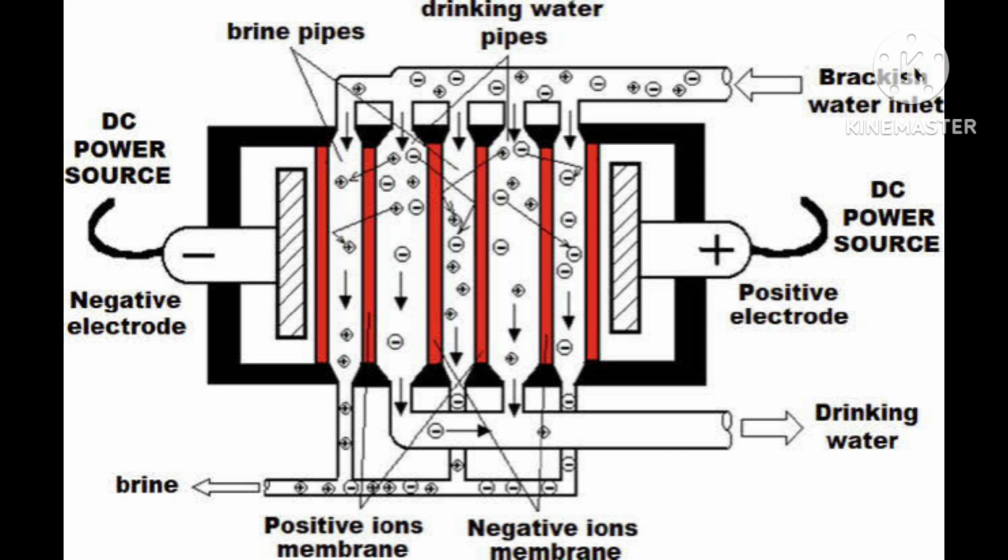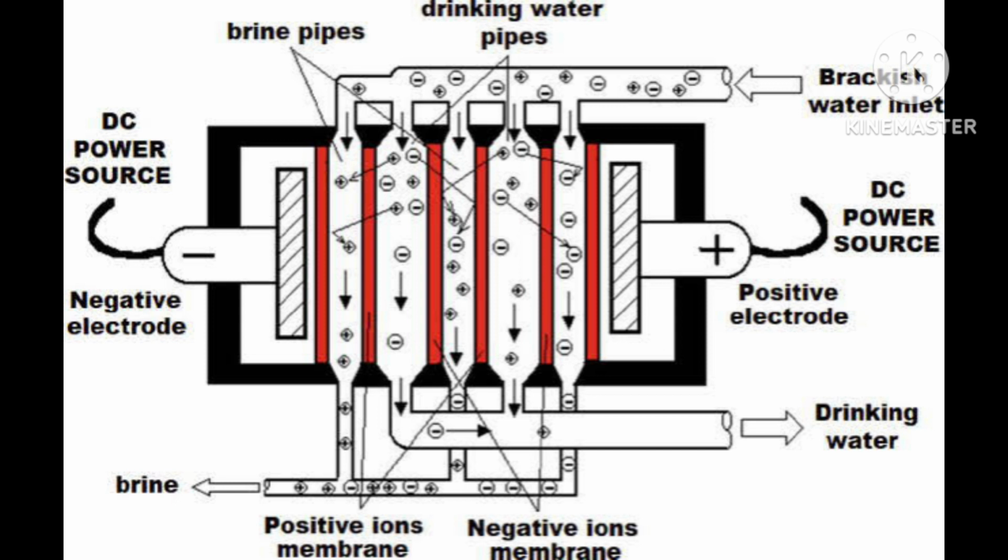A positively charged ion is called a cation, and a negatively charged ion is called an anion. Salt is made up of these two ions, cation and anion.